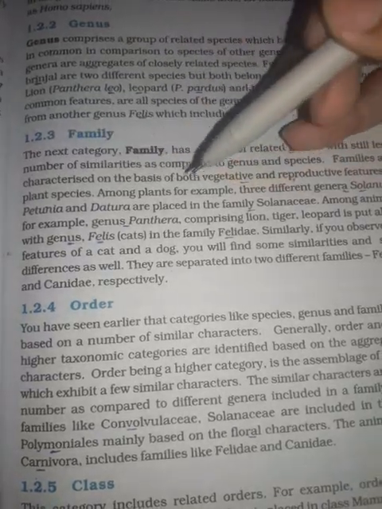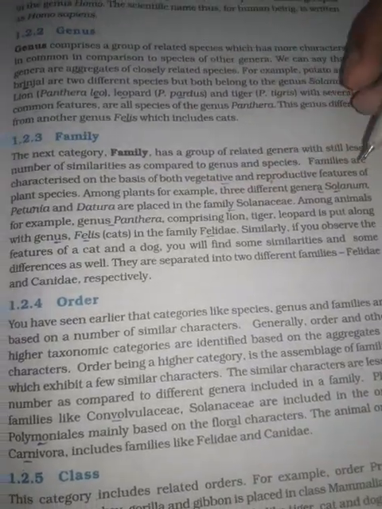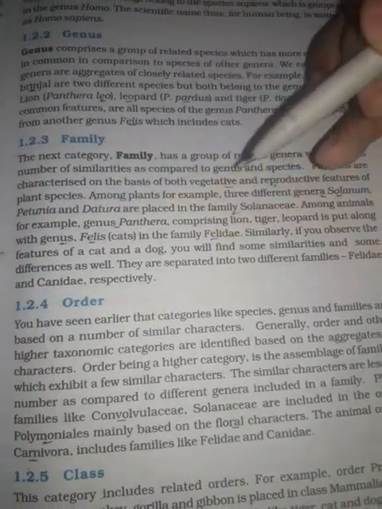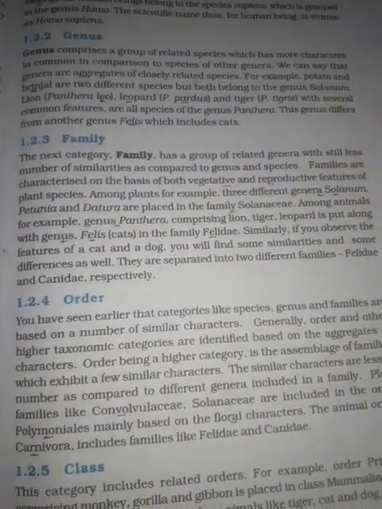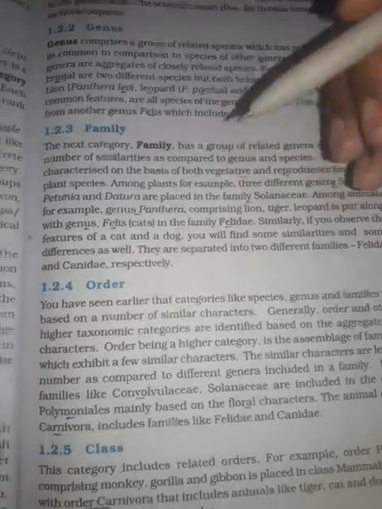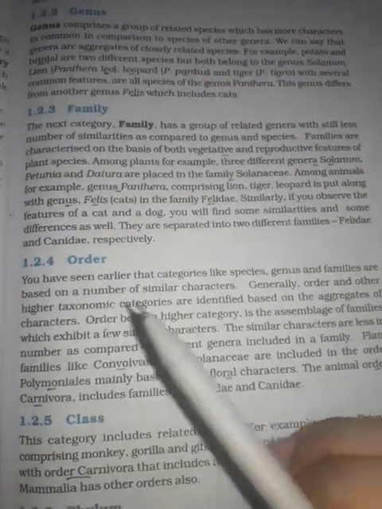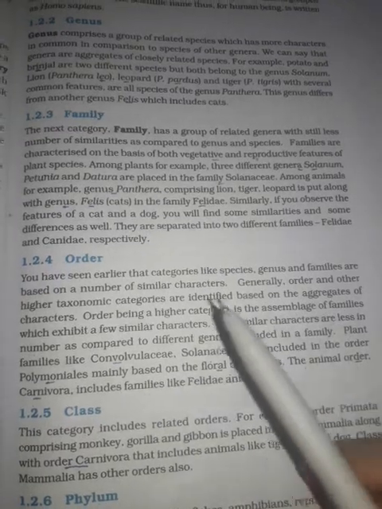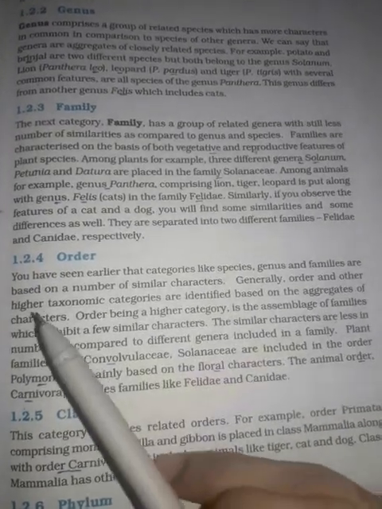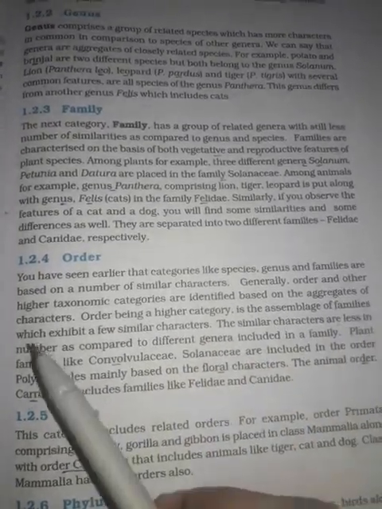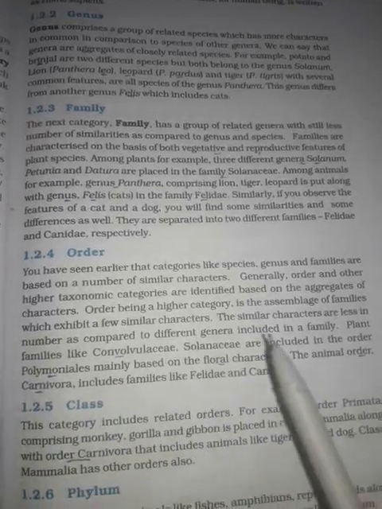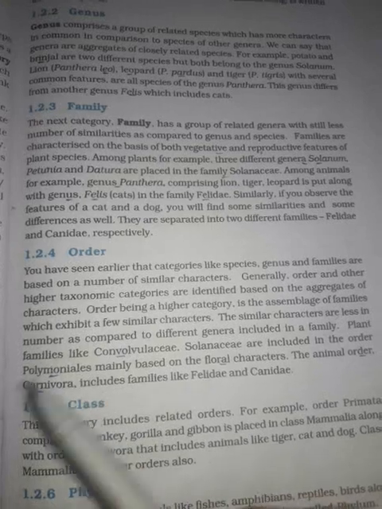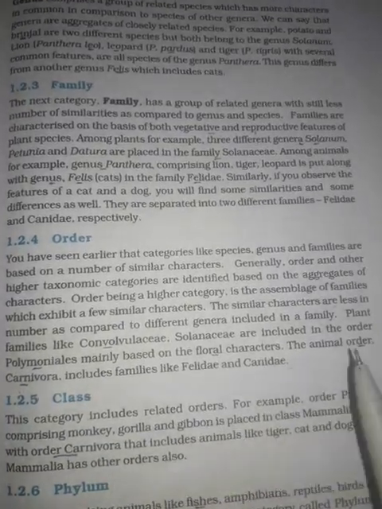Families are characterized on the basis of both vegetative and reproductive features of plant species. Solanum, Petunia and Datura are placed in family Solanaceae. There is the order and other higher categories based on aggregates of characters. Convolvulaceae and Solanaceae are included in order Polemoniales based on floral characters.